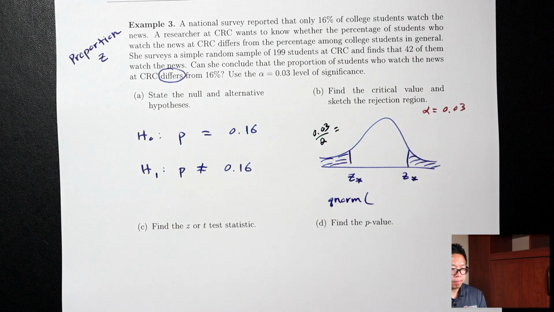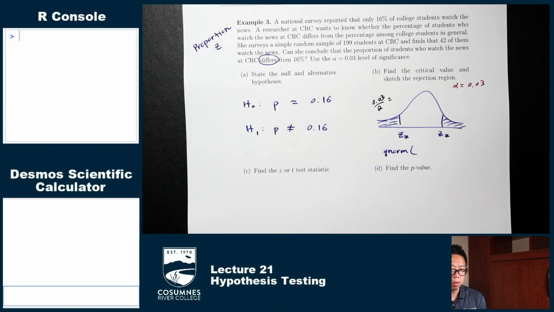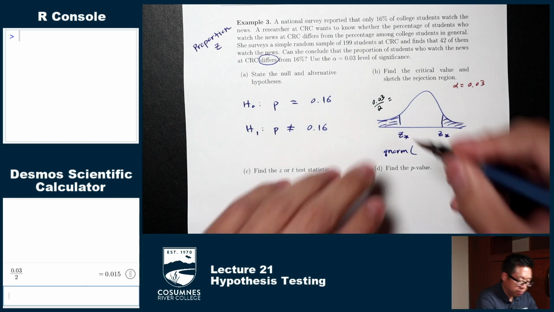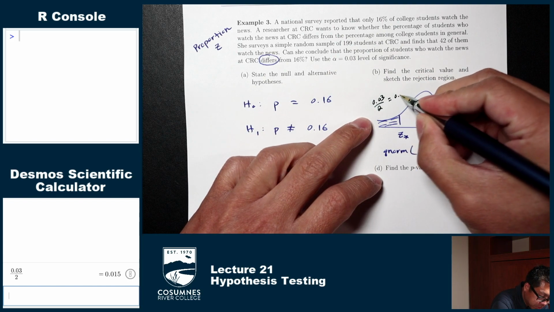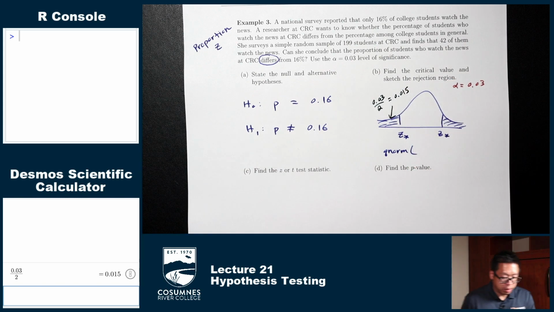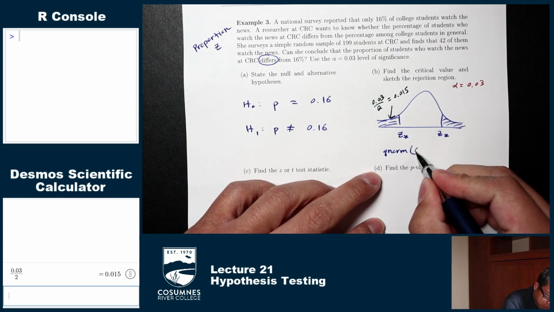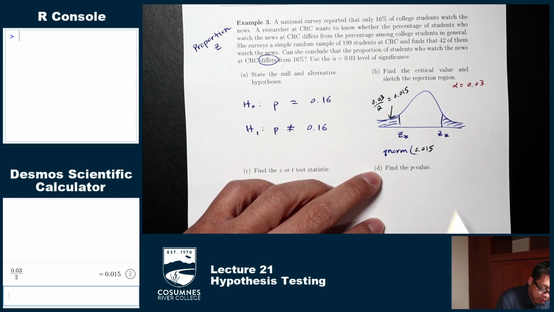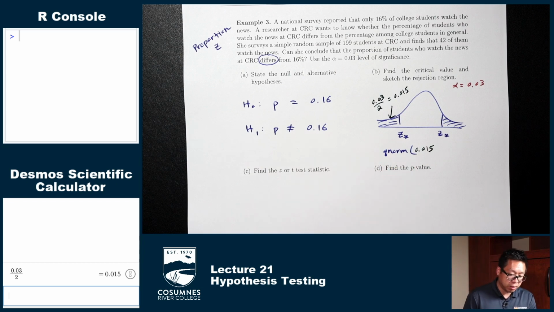In the calculator, 0.03 divided by 2 is 0.015. That's just the left part, which is what I need to plug into Q norm. Q norm doesn't have a DF, so that's it.